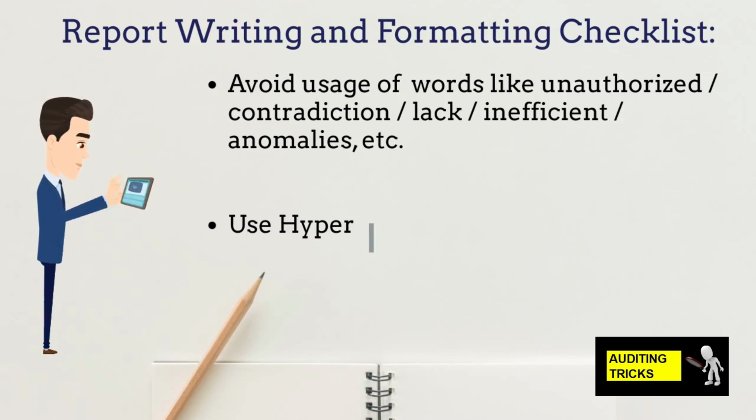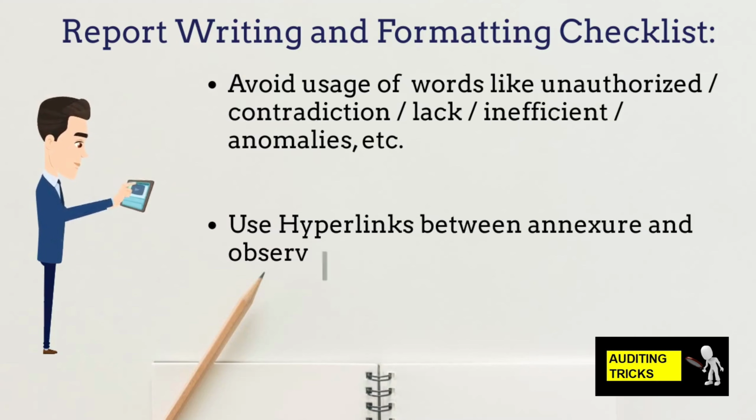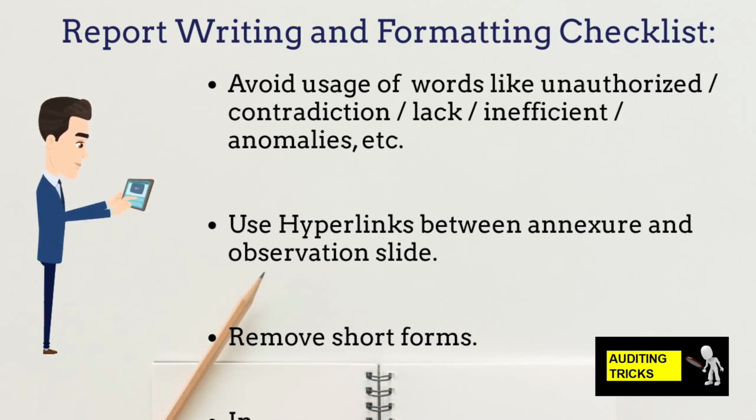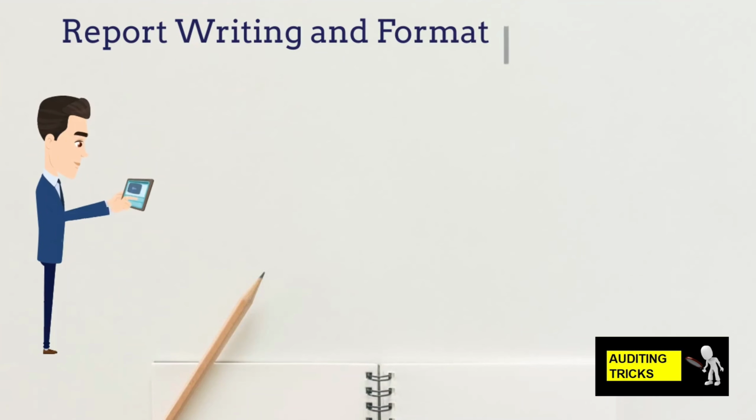Remove short forms like dept, no., admin. It should be the full forms: department, number, administration. Index page number alignment should be accurate as well. You should have the annexure number referred against the specific observations.